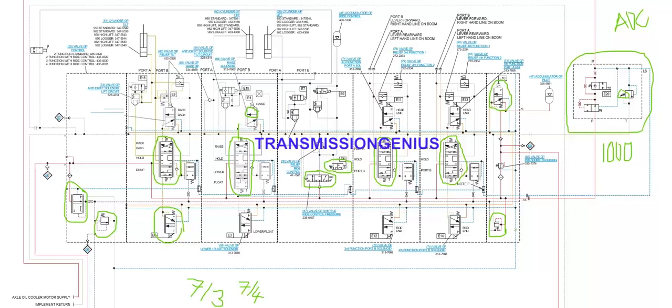Sometimes this margin valve helps you to protect the circuit from peak pressure. You know, high pressure is good, but when you suddenly have peak pressure, the valve helps to protect the circuit. Okay.